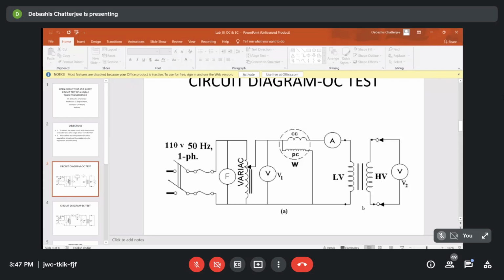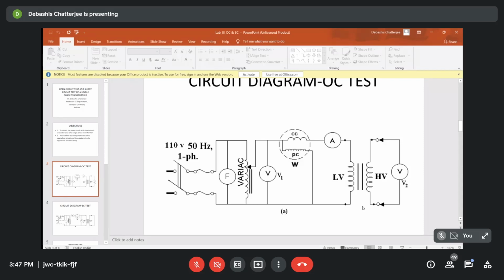So they are series elements. The magnetizing reactance and core loss resistance fall in parallel, so they are the shunt elements.